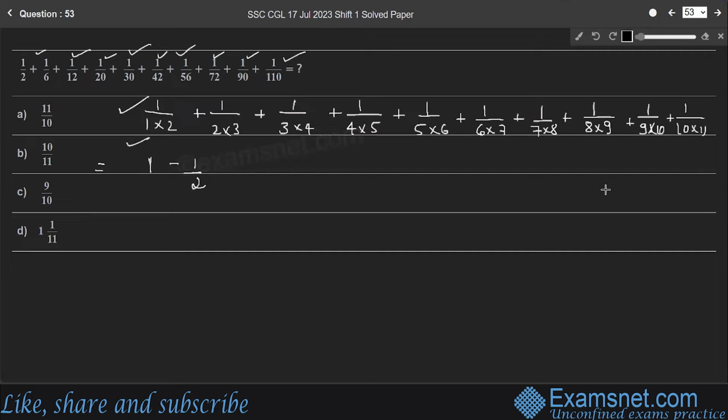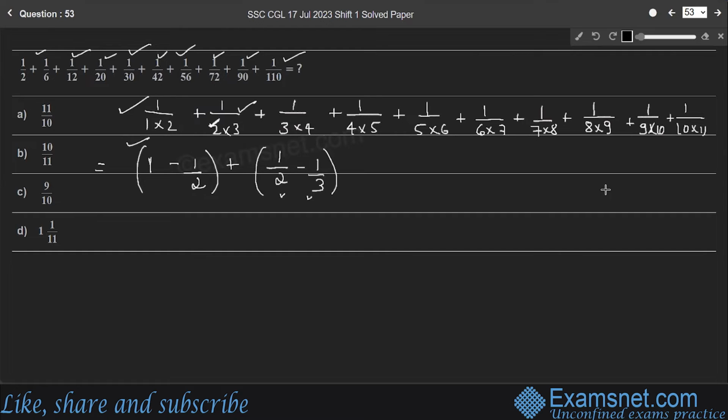1 minus 1 by 2 is the first term. Plus the second term, 1 by 2 minus 1 by 3, gives the same answer as 1 by 2 into 3, since the LCM of 2 and 3 is 6.